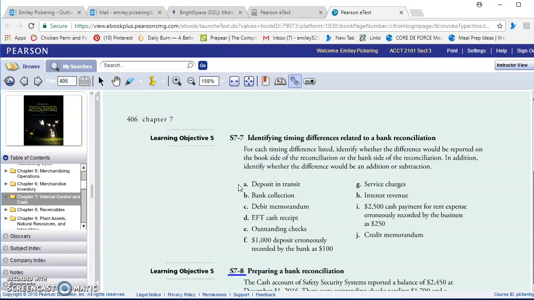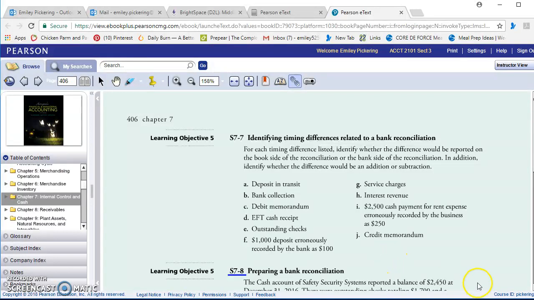Well, you as a company also have an ending cash balance based on the records that you are keeping. And there are going to be differences. These are the typical differences that you are going to have. When you get that bank statement, you need to reconcile it, update your records, and update the bank's records. Based on those changes, you should have the same amount on each side.